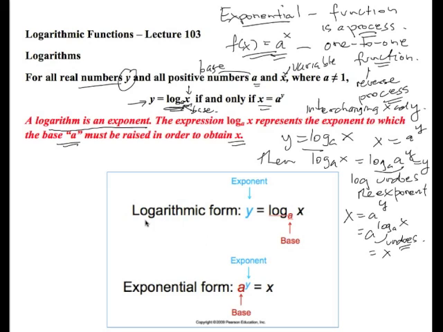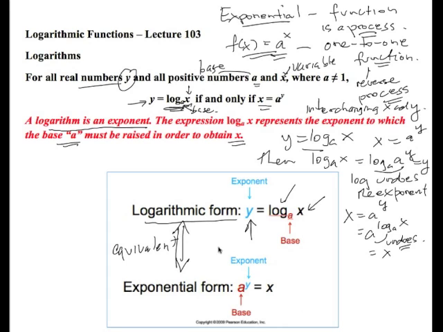And so in this particular case, logarithmic form says that we have the exponent y is equal to the log in base a of this variable x. The exponential form, these two are equivalent things. The exponential form of the same thing says that the base a to the exponent y is equal to x.